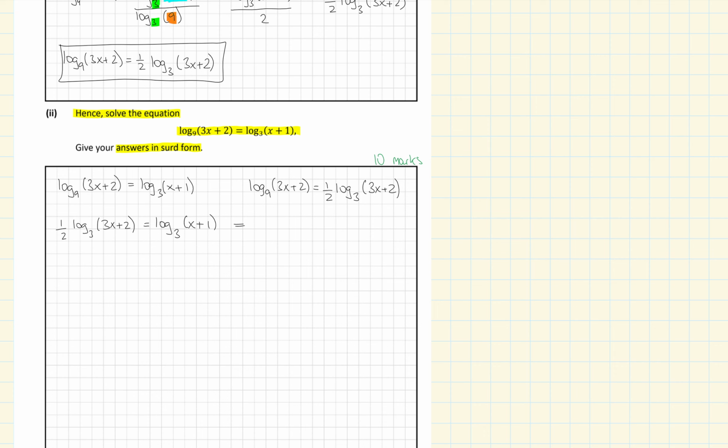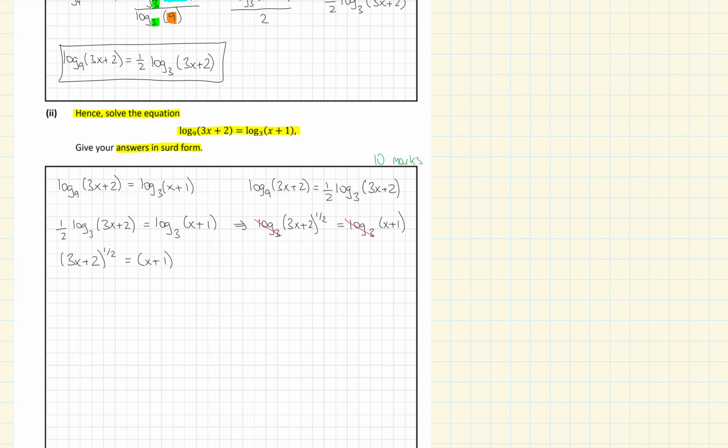I'm going to use my log rules to rewrite the left hand side. I'm going to bring that power up, because originally it would have been brought down. So we see here I have a log to the base 3, log to the base 3 will cancel, and I get 3x plus 2 to the power of a half equals x plus 1.